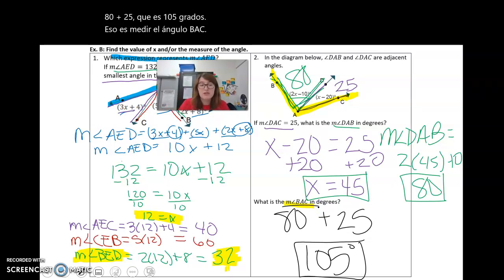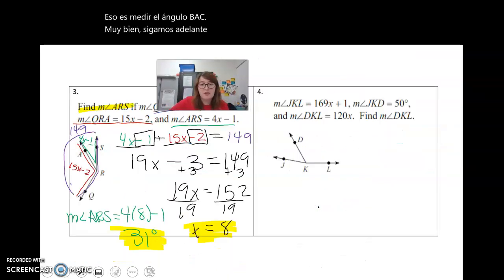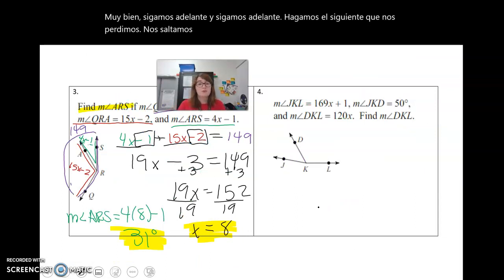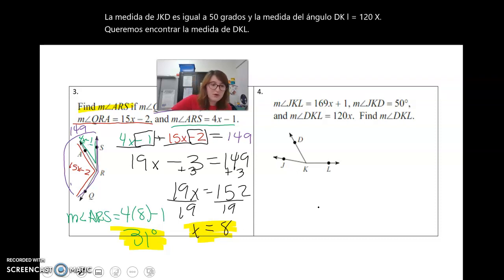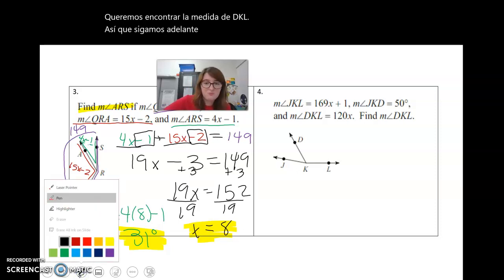All right, let's go ahead and move on. Let's do our next one that we missed. We skipped out on number 4, so let's do number 4. The measure of angle JKL is 169x plus 1. The measure of JKD equals 50 degrees, and the measure of angle DKL equals 120x. We want to find the measure of DKL. So let's go ahead and start. Let's plug in some things that we know.